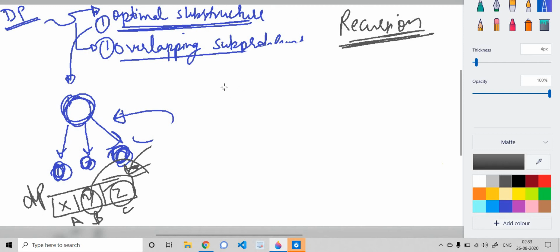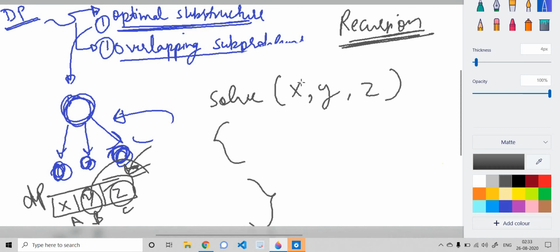During recursion, suppose we have a recursive function which has some arguments x, y, z. Then there are some arguments which uniquely signify a particular recursive call.